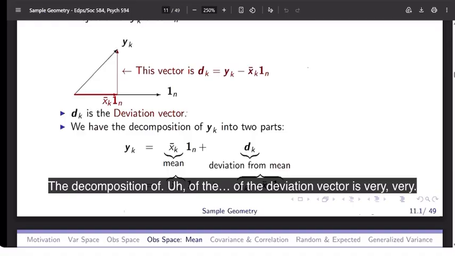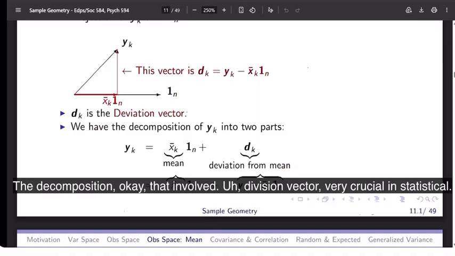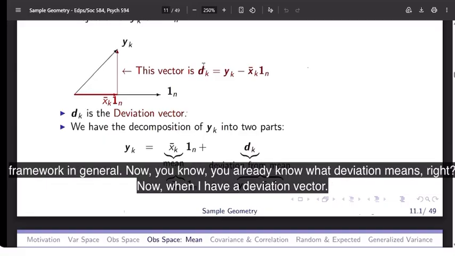I'm going to say that again. The decomposition that involves the deviation vector is very crucial in the statistical framework in general. Now, you already know what deviation means, right?